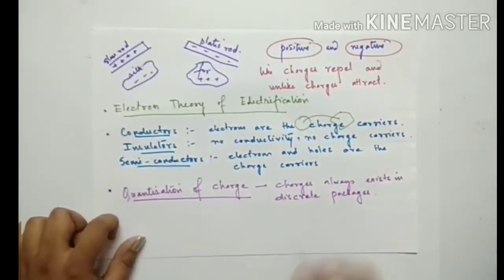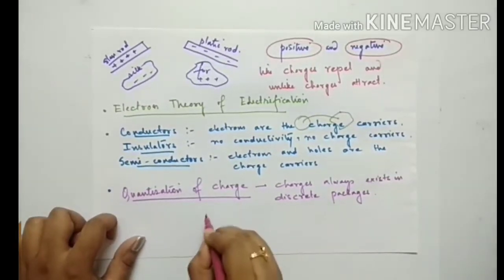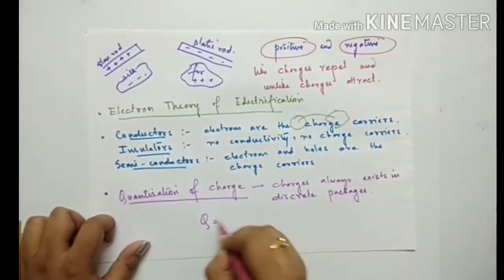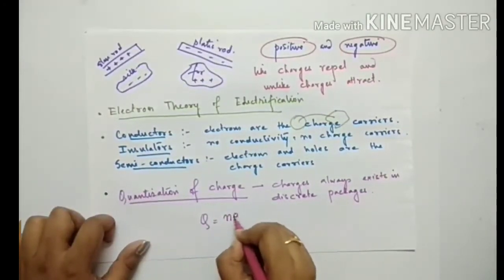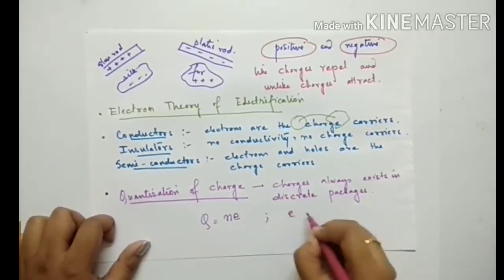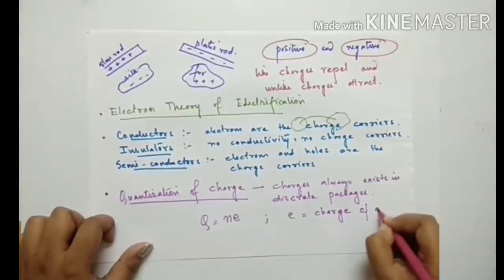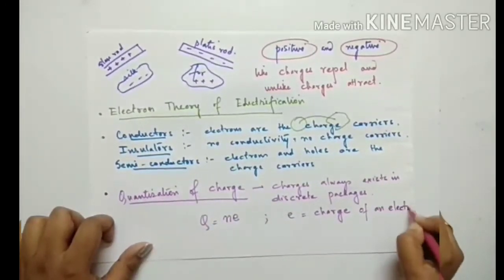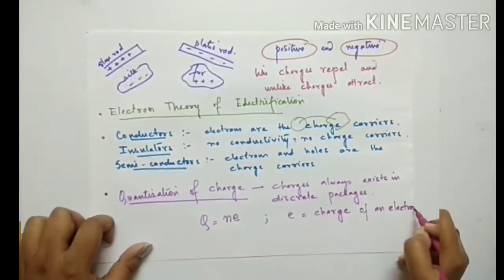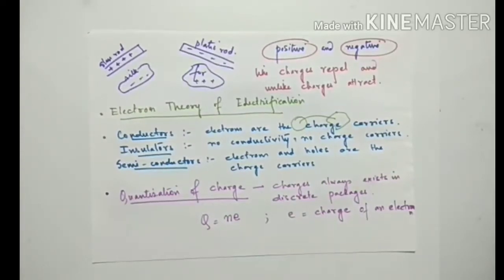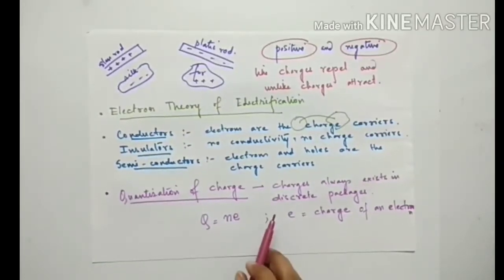Suppose the total charge of a body is Q. Q will always be written as n times e, where e equals the charge of an electron, and this is the smallest unit of charge possible.